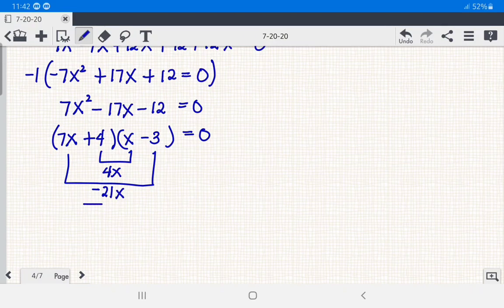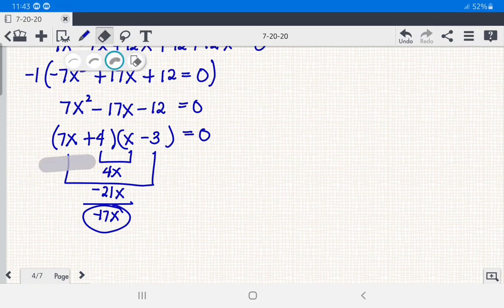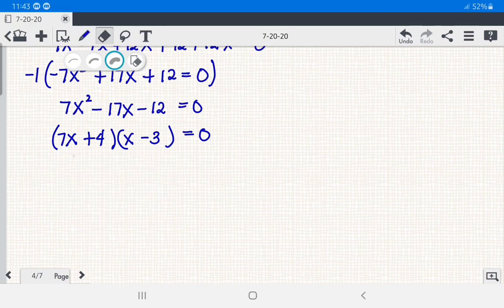Now, if you're going to add 4x and the negative 21x, that is negative 17x, which is the middle term. So, we are correct. Okay? So, factors are 7x plus 4 and then x minus 3.